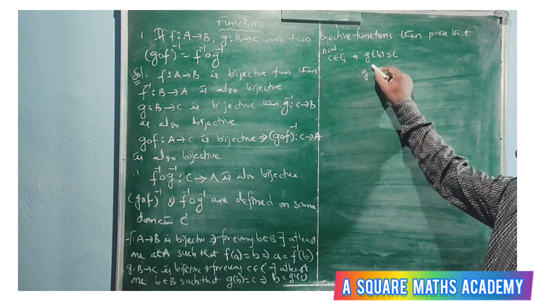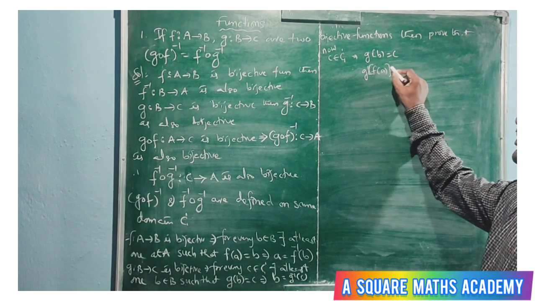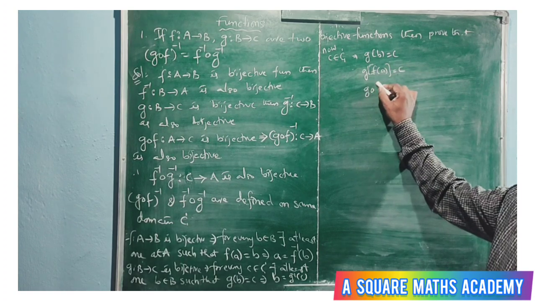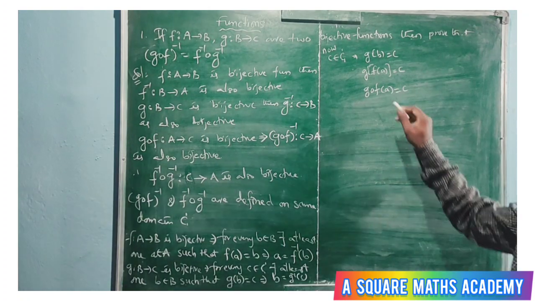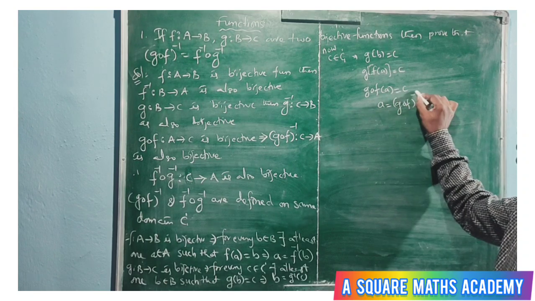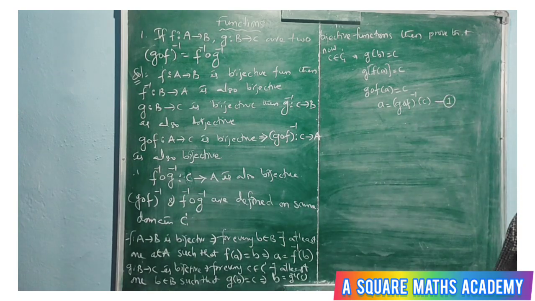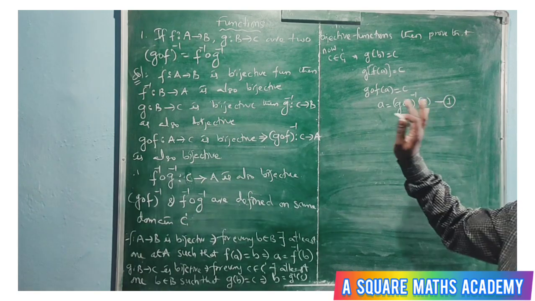So g of b can also be written as g of f of a, as we wrote in the first theorem. So (g∘f) of a equals c. Then a equals (g∘f)⁻¹ of c. So this is equation number 1.